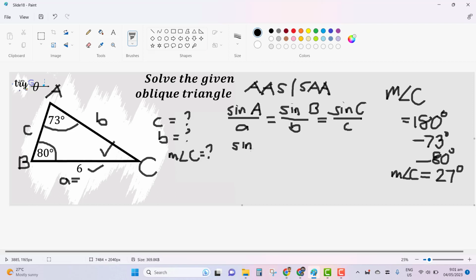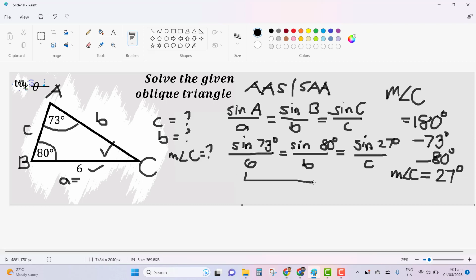So our formula could stand: sine angle A, which is 73 degrees, over your side A, which measures 6 units, equal to your sine B, which is 80 degrees, over side B. And finally, you have your sine C, and since C is already given as 27 degrees, you could use that to solve for C. We're comparing a ratio with complete details, such as this one, to solve for the rest.